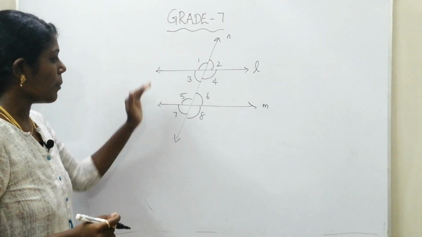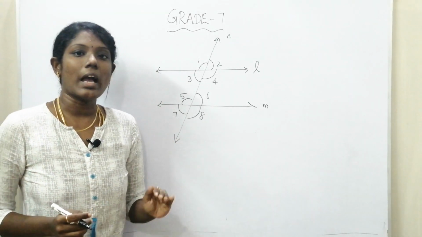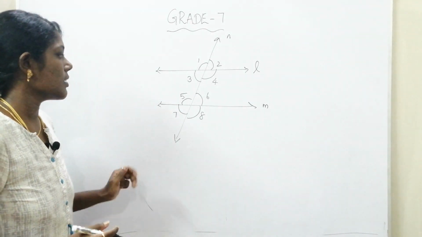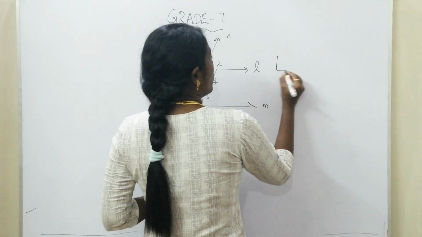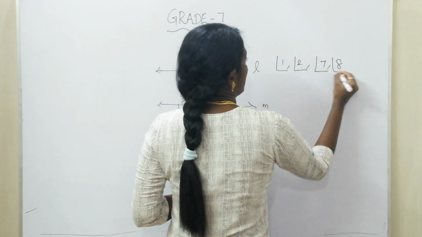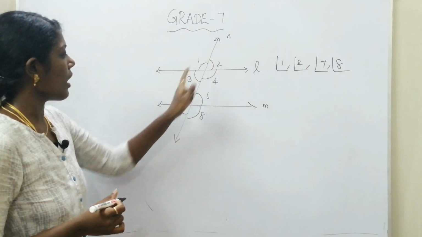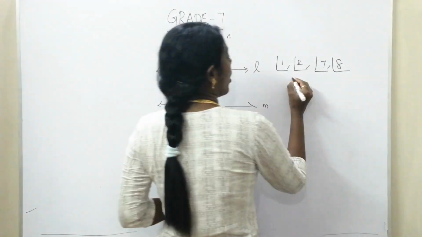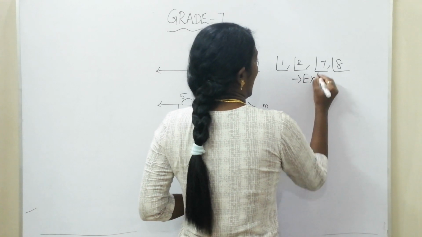Now let us name these angles. What are the angles that we are going to learn in parallel lines and its transversal? First, angles 1, 2, 7 and 8 are the angles that are outside. They are called exterior angles.